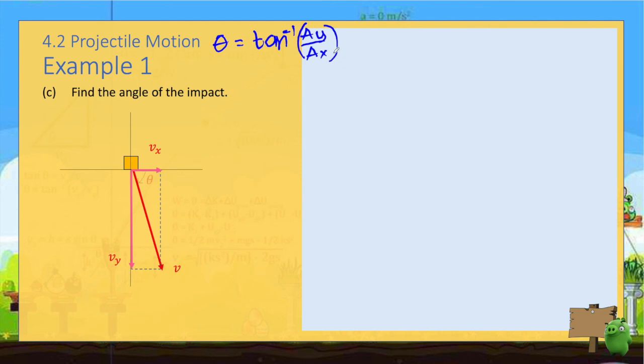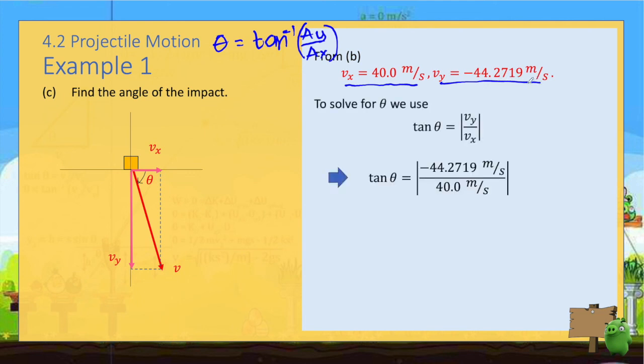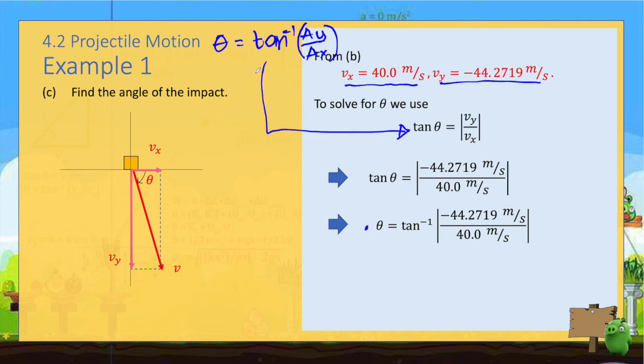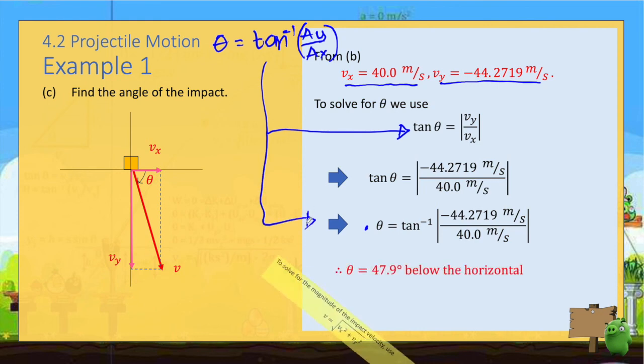Since we know the value along x and the value along y, we just use that formula, arctangent. I just use theta already, and then we will get this answer.